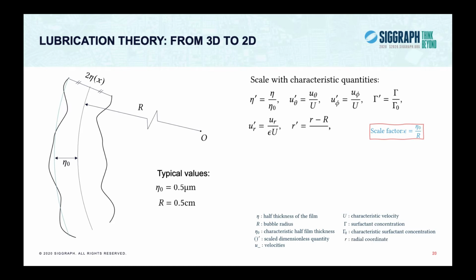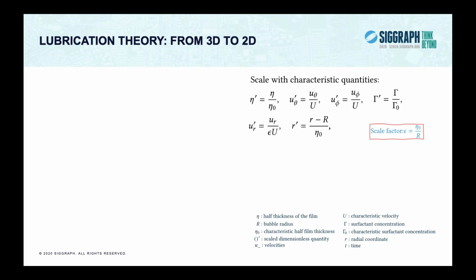The coordinate r is scaled similarly, first subtracting the radius r and then divide by the average thickness. The scaled quantities are of the same order, so after substitution into the governing equation, we can see that different terms are of different importance.